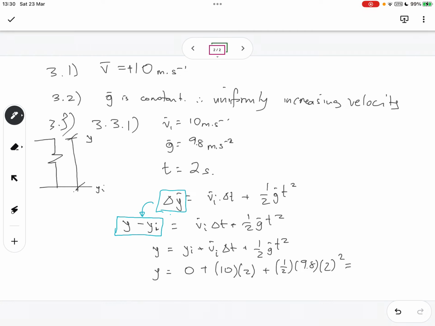And when you punch that into our calculator, it gives us 30 something. I get 39.6. That is the correct answer. Now we can remember this one, right? So it's 39.6.